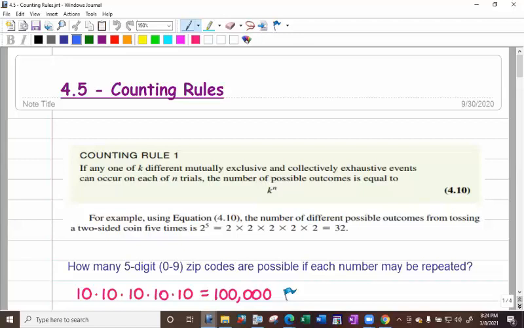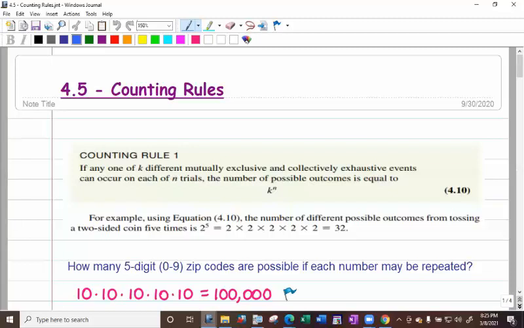Here's a good example. If you flip a coin 5 times, and you have 2 options, heads or tails, sometimes people will mistakenly think, how many different outcomes are possible? Like head, head, head, tail, tail, head, tail, tail, all that. They might go, oh, it's 2 times 5 equals 10. No, it's not multiplication, it's exponential, it's 2 to the 5th, but obviously exponential is repeated multiplication.